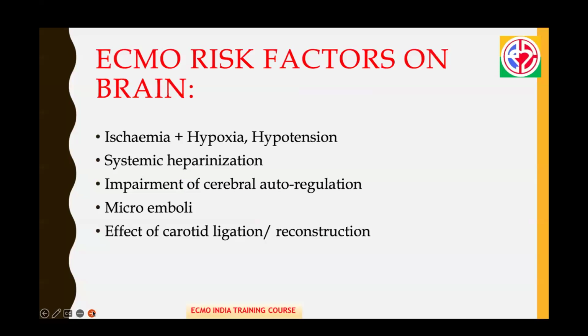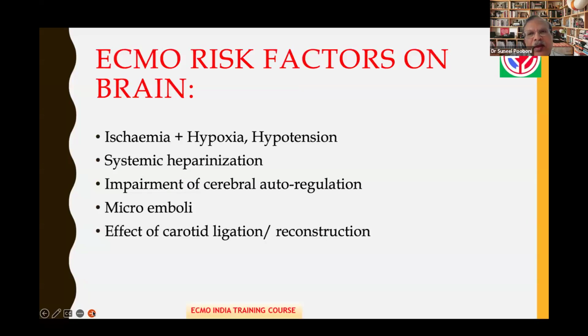ECMO risk factors for bleeding in the brain are ischemia, hypoxia, and hypotension. Heparinization itself doesn't let a patient bleed into the brain. For example, if it's a normal patient without any of these predisposing factors, such as ischemia, hypoxia, hypotension, they won't be bleeding into their brain.